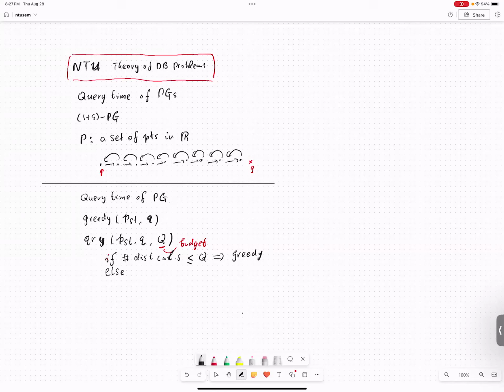We will still set the value of alpha to 1 plus 4 over epsilon, the value chosen before.